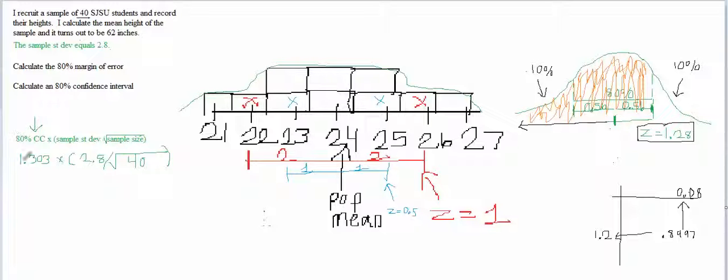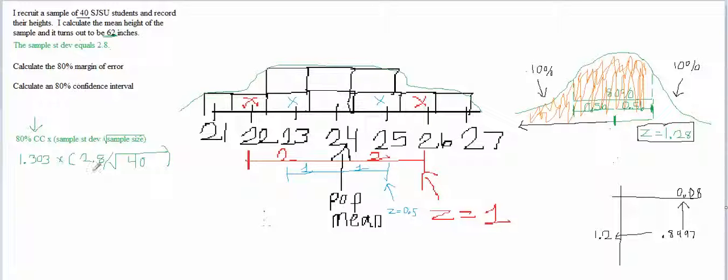And once that comes out to a number, to get the 80% confidence interval, just take your answer and add and subtract it from the sample mean. So to get the confidence interval, just take 62 and then add and subtract whatever answer you got for the margin of error.